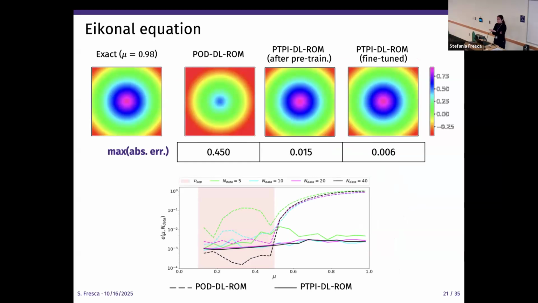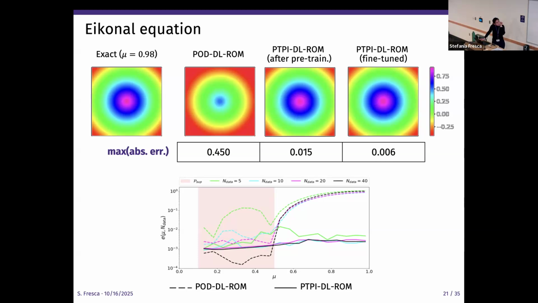We can see that the total absence of supervised data in the neighborhood of the testing parameter instance prevents POD DL-ROM from providing a reliable approximation. Instead, with PTPI, already after pre-training, we obtain an accurate solution. Then, by means of fine-tuning, we are able to halve the testing error.